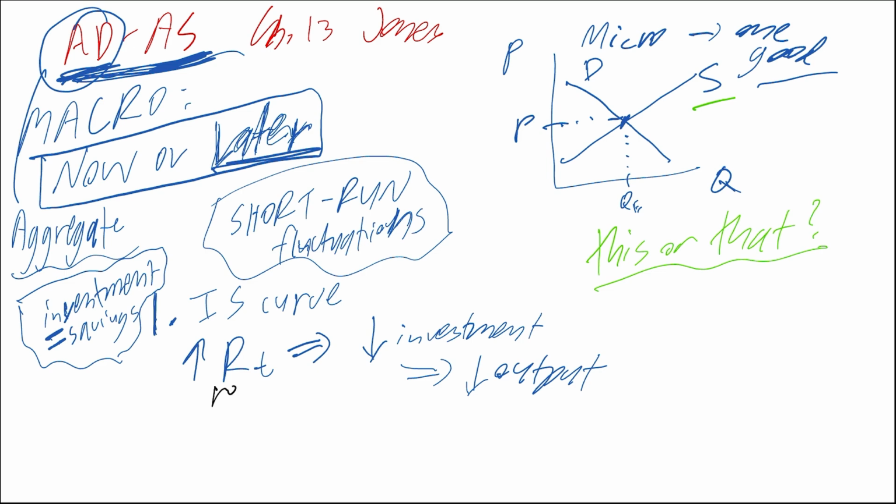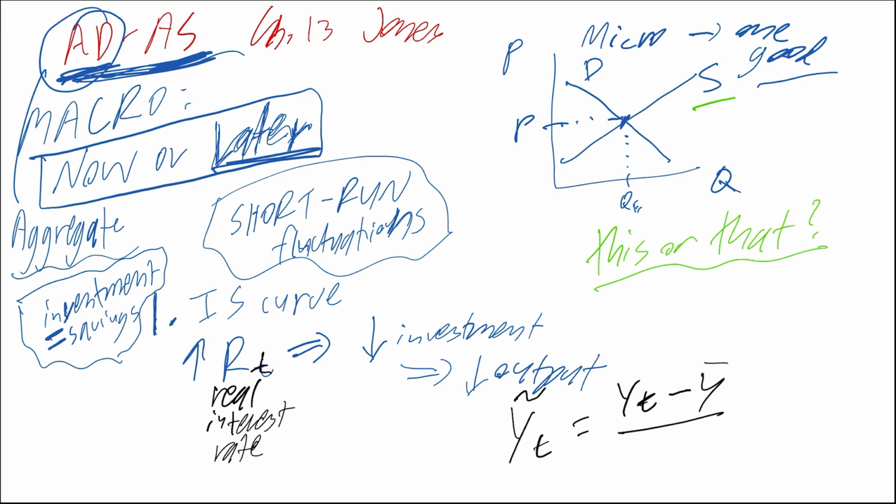Okay, so this is our real interest rate. And then our output, we're going to have this term here. And this is equal to whatever our output is in year t. This is our real interest rate in year t. And so we have our output in year t.